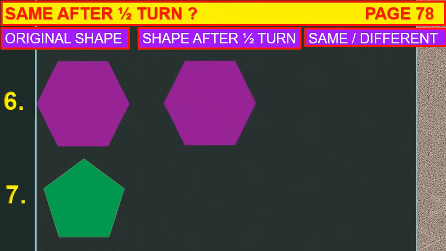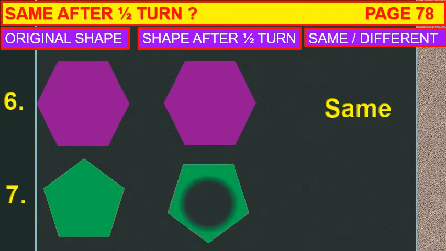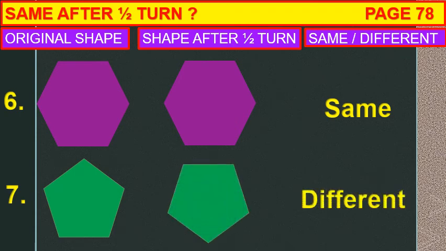Sixth figure is a hexagon, a six-sided figure. Both hexagons, the original and the one after a half turn, look the same. The seventh figure is a pentagon, a five-sided figure. After a half turn, we get this type of pentagon. Both the pentagons are different.